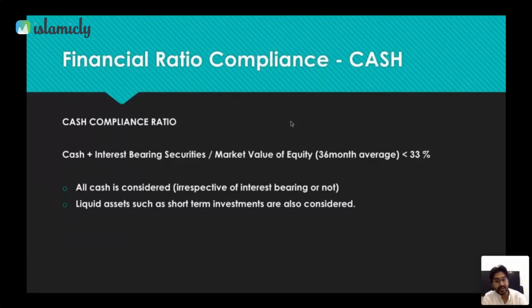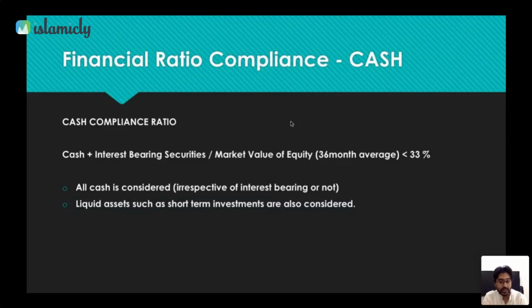Whereas equity trading happens at a premium to the face value, and it is allowed. So if a company has more than 33% of its market valuation coming in from cash, then it will not be considered, as the rules of equity trading will not apply. The rules of Sarf will apply. Hence, this ratio has been included as a threshold.